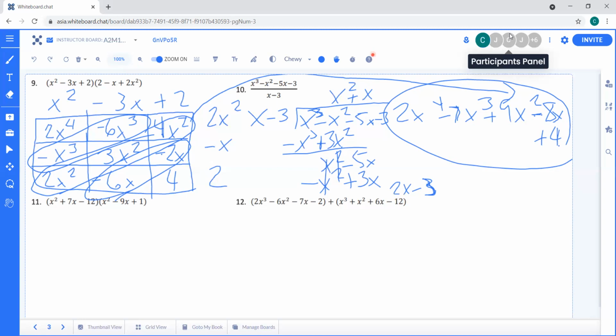Let's see where I messed up on this one. So this one might be wrong in the home or in the textbook, because this should be a +1, but that does not add up.